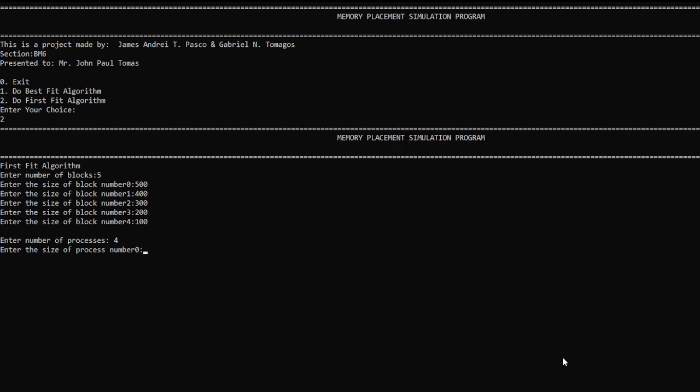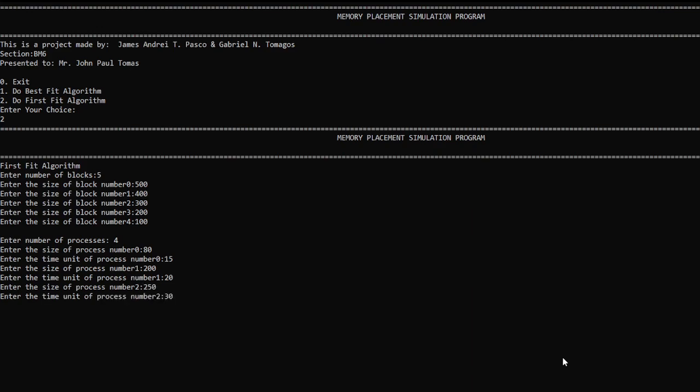So as I repeat, for our input, we place 500, 400, 300, 200, 100 bytes for blocks. And for process and time units, I place the process as 80 with 15 time units. Next is 200 with 20 time units, 250 to 30, and 280 to 35 time units.